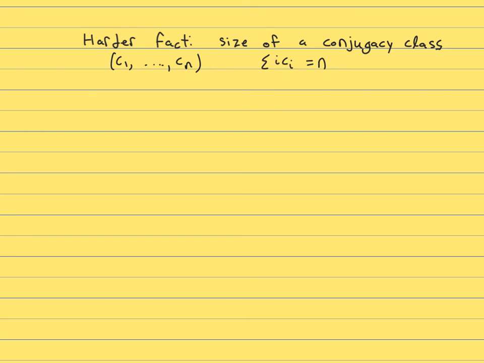For each i-cycle, you multiply by the length of the i-cycle. You add it up, you better get n. Here, order actually matters now because, of course, the number of 1-cycles is different than the number of 2-cycles.